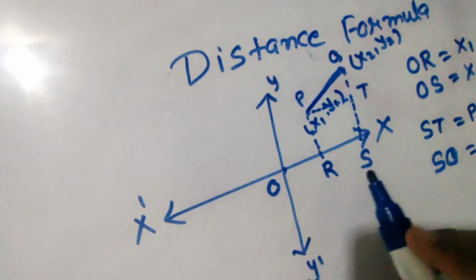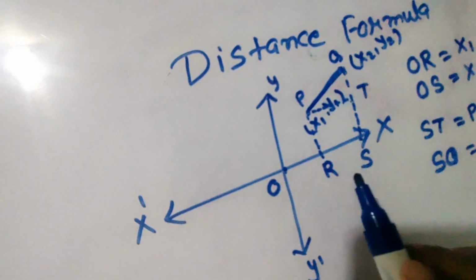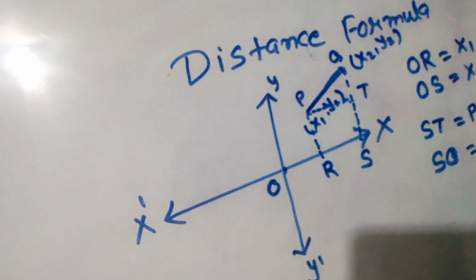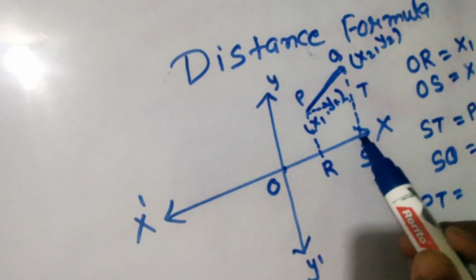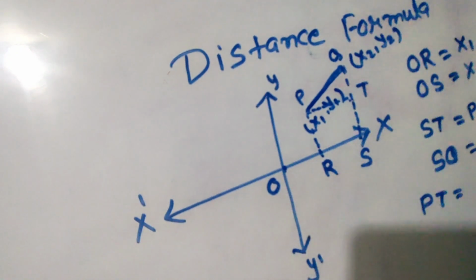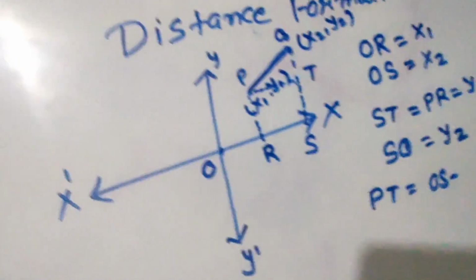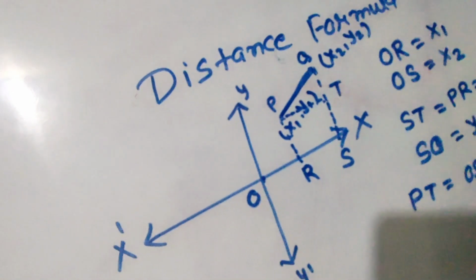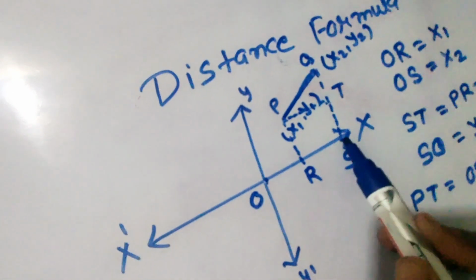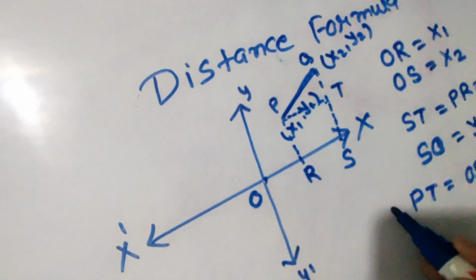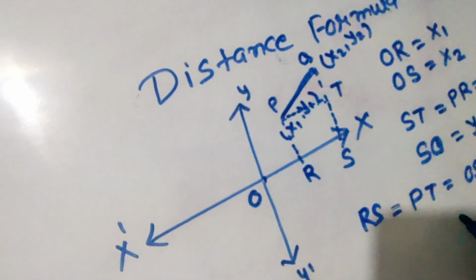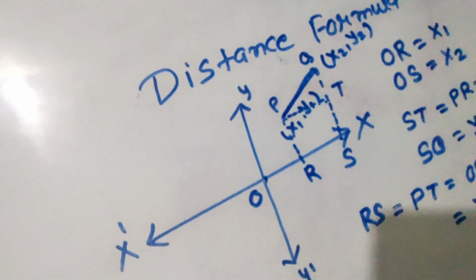Then what is PT? PT equals OS minus OR. You subtract this distance from this full distance, and you get PT, which is RS. That means x2 minus x1.